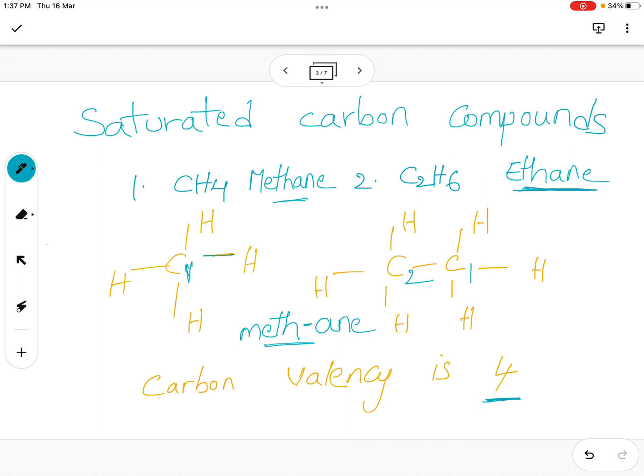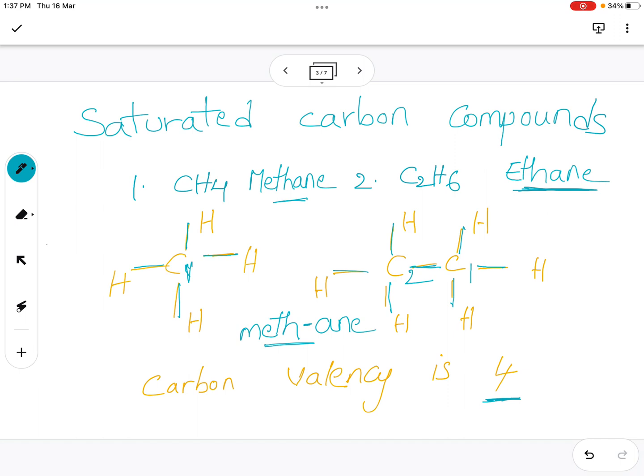Here count how many bonds carbon is forming: 1, 2, 3, 4. Here this carbon atom: 1, 2, 3, 4. Always carbon should form 4 bonds only, because the valency of carbon is 4.